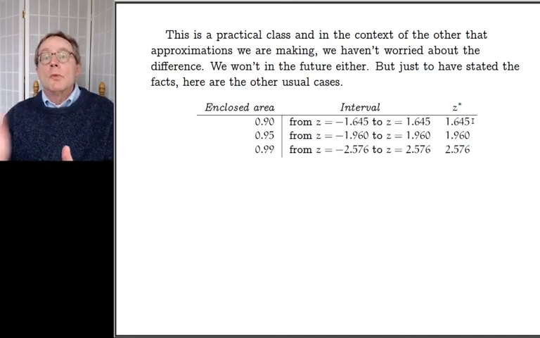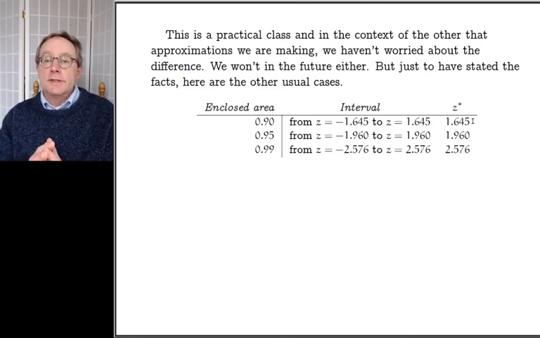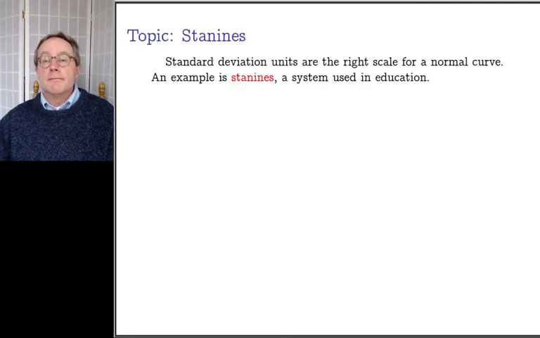How wide? 1.645 if you want to be 90% confident. How wide? 1.960 if you want to be 95% confident. How wide? 2.576 if you want to be 99% confident. So the z star there is simply the number that you have to use to get that level of confidence in your confidence intervals.